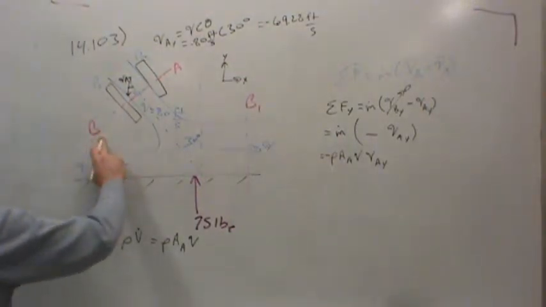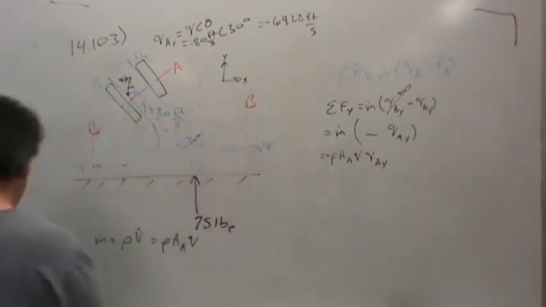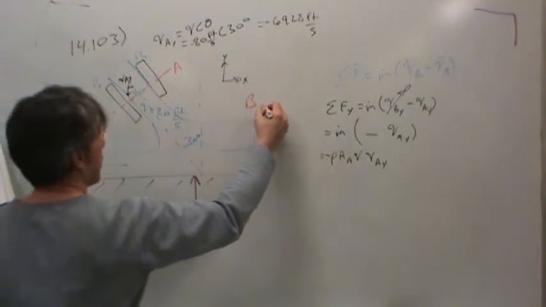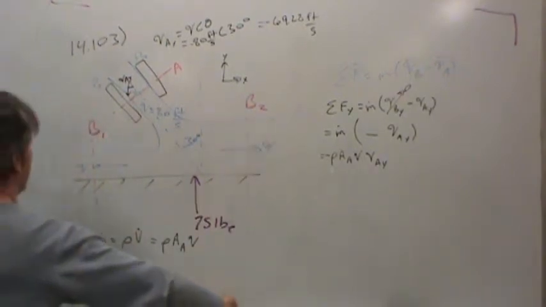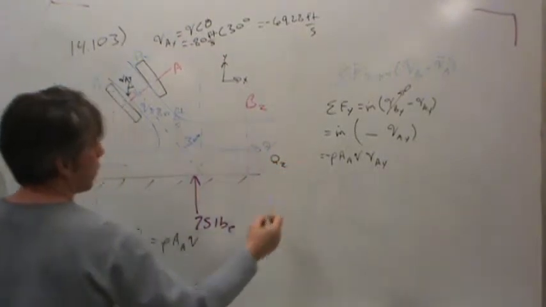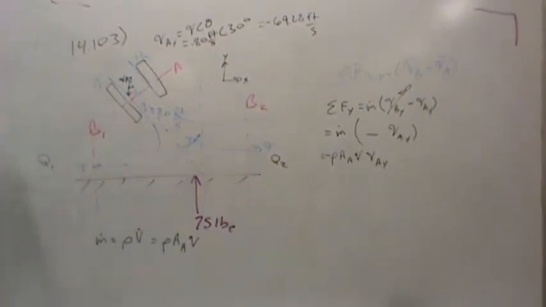I apologize, I use the opposite, so let me switch that. 1, 2. They want to know Q1 and Q2, where those two are just the volumetric flow rates. Now, they're using Q instead of V dot, so I could do the same.